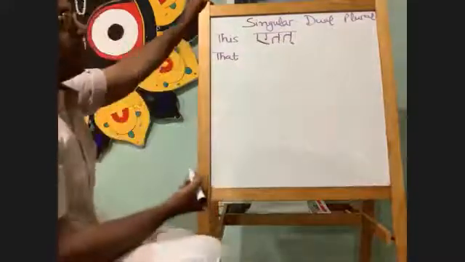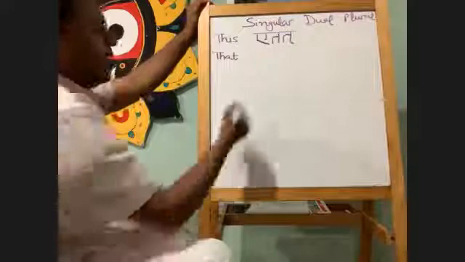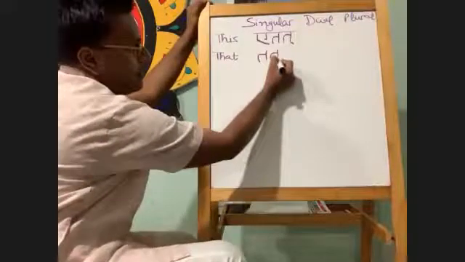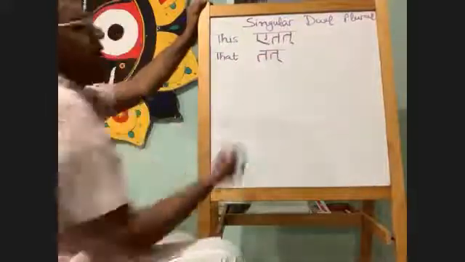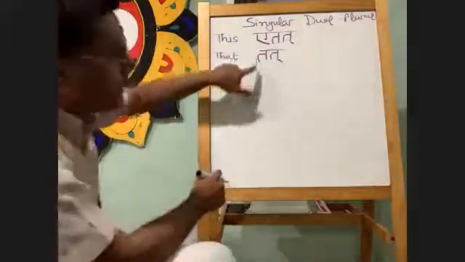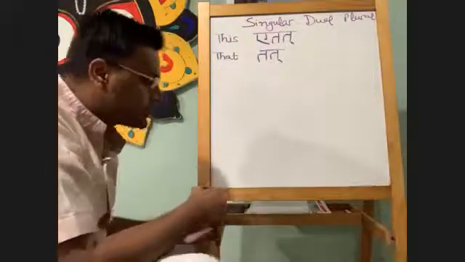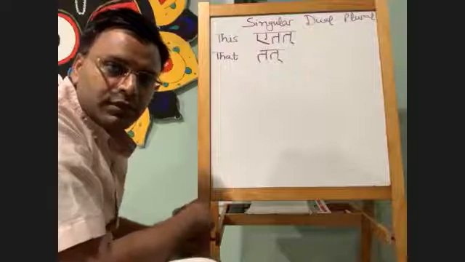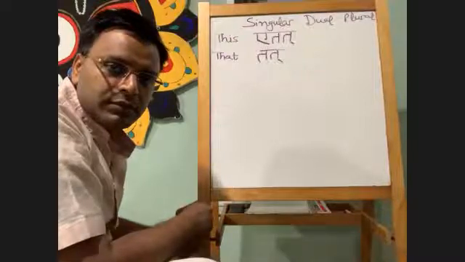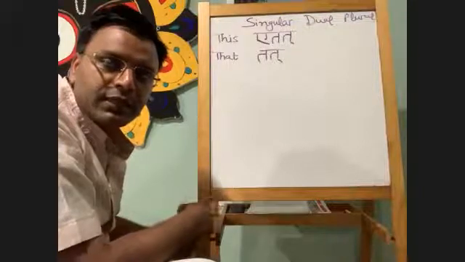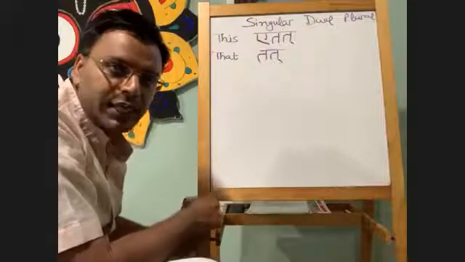So etat means this and tat means that. Now etat and tat is mostly used for some neutral object without gender, basically the napunsakling which we discussed last time.